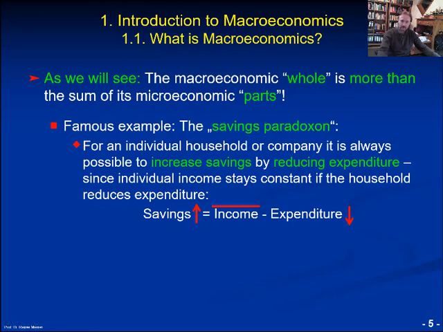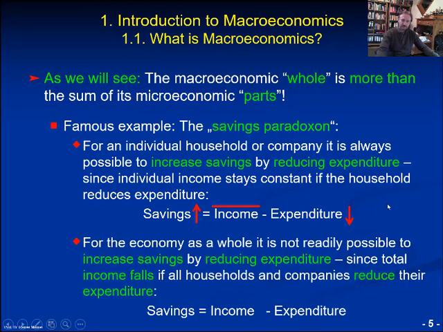Should be no problem. Now, if we change from this microeconomic perspective to the macroeconomic perspective, we will see that this equation no longer necessarily holds for the macroeconomic aggregates.